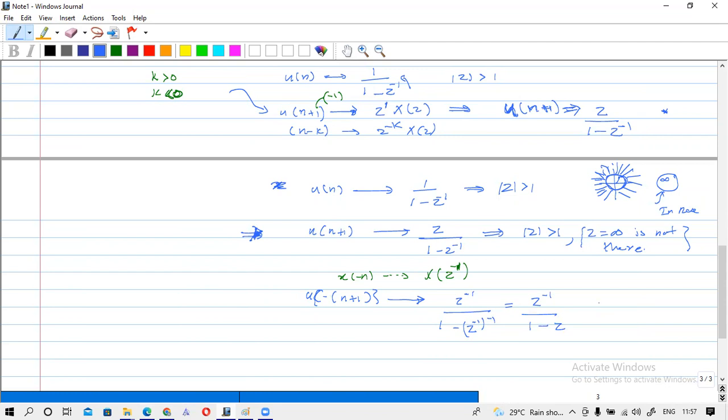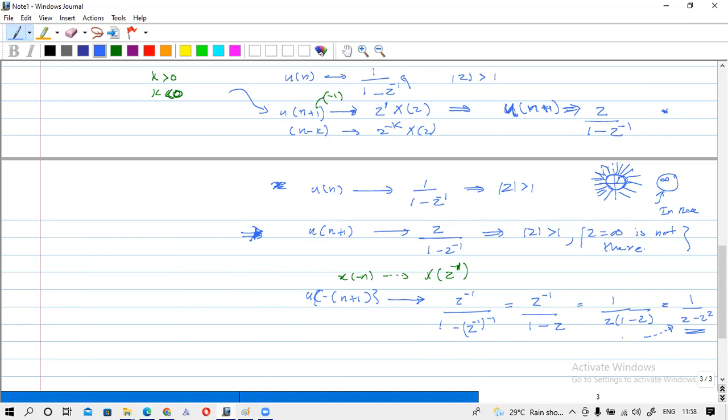If I take out the z^-1 here, I will have 1 over z(1 minus z), and I will have z minus z squared, correct? So this will be my z transform, correct?